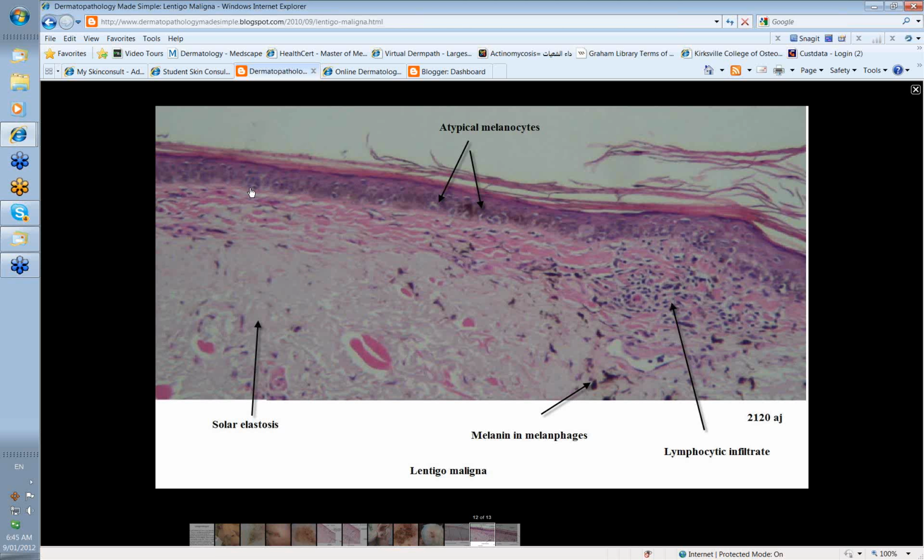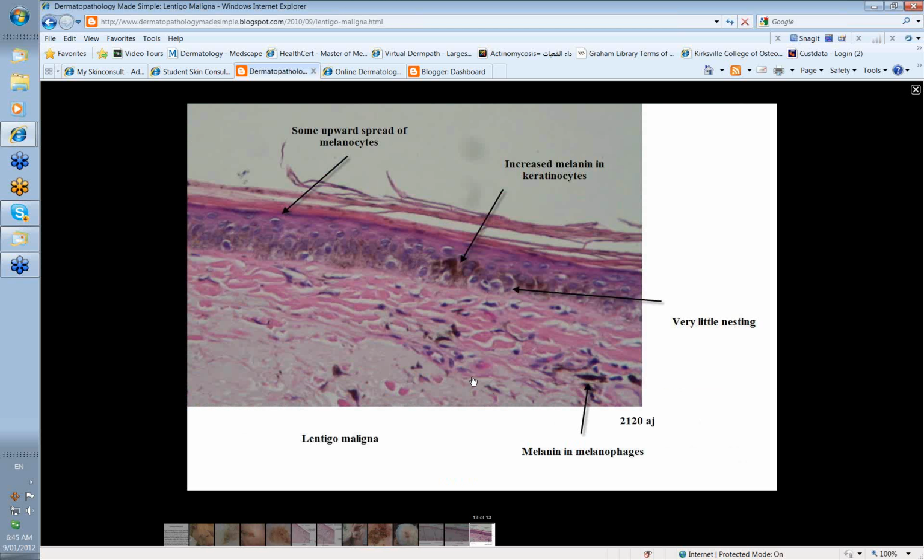And you need to look at the whole specimen to get a feel for this particular proliferation. You've got little bits of lymphocytic infiltrate. It's always worthwhile, if you're looking at a slide, to look wherever you see the lymphocytes, because it generally indicates there's a bit of activity and immune activity occurring.